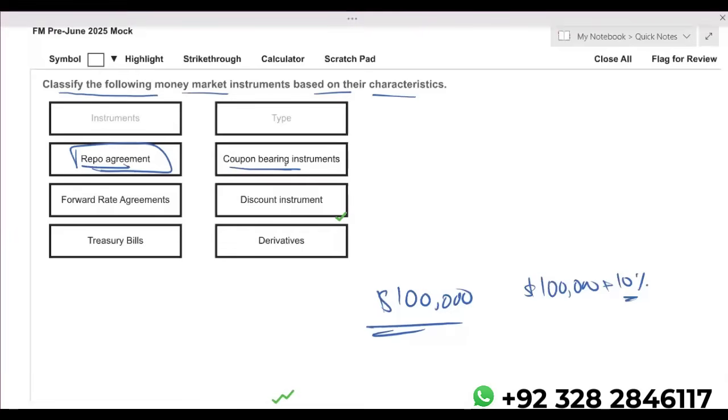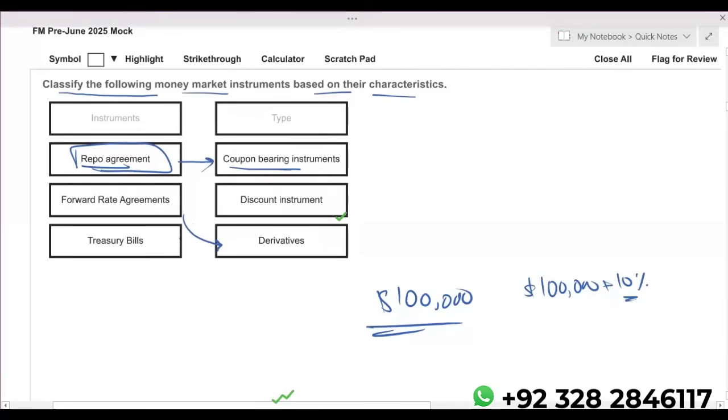So basically, I'm not paying that semi-annual coupon rate, but I'm repurchasing at a higher price. So repo agreement matches with coupon bearing. Forward rate agreement, students, who knows better than you, that is a derivative.